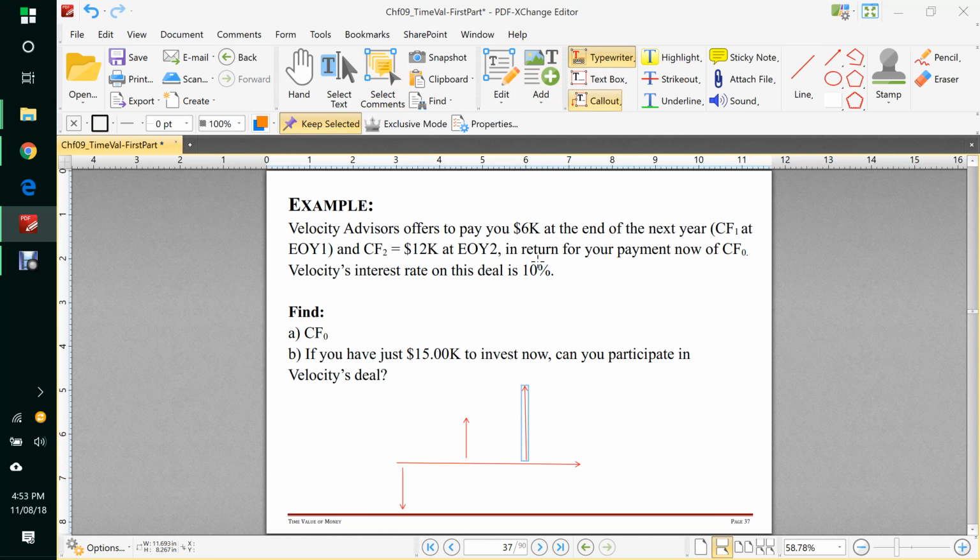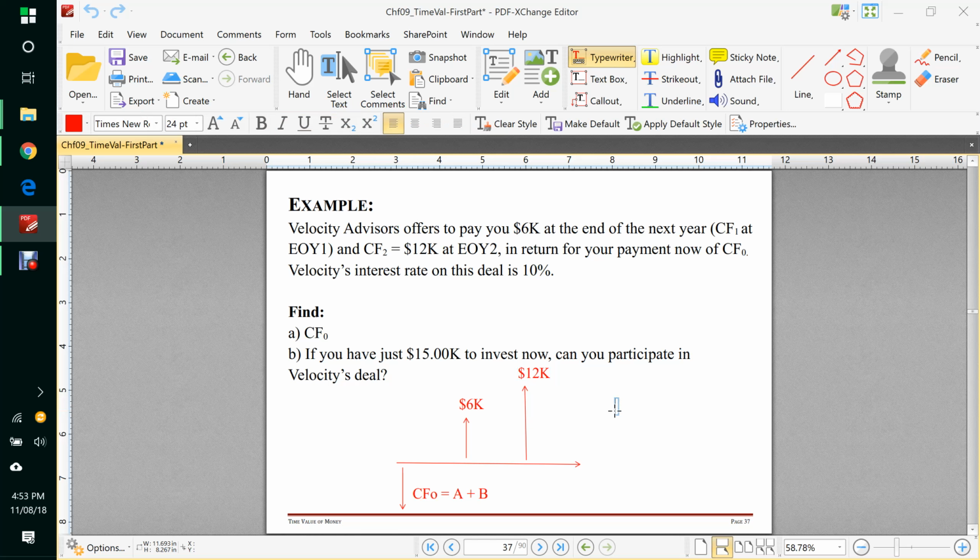Okay, so here's our CF0 equals A plus B as usual, and up here we're going to get 6K back, and up here we're going to get 12K back. And this is the diagram for the lender. We're going to be lending them our money.